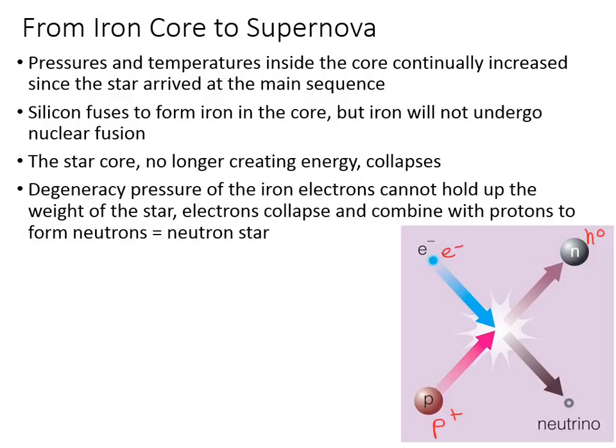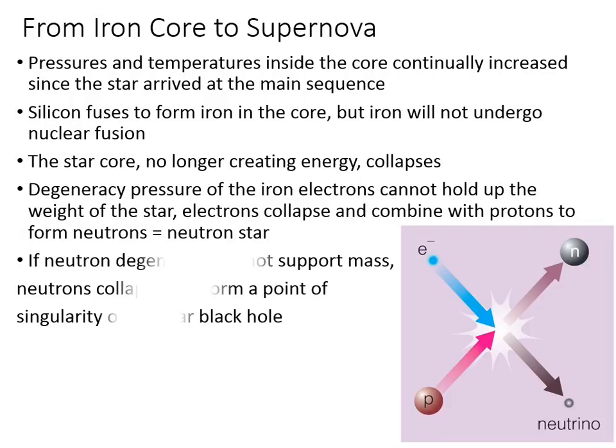Well, that works for a good while. Basically the neutrons support the weight of the star to a certain extent. But if the neutrons can't support the weight of the star, those neutrons try to occupy the same chair.